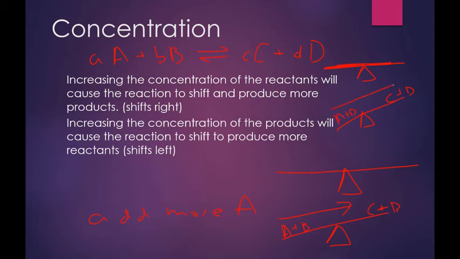I need to produce more products in order to bring it back to this equilibrium position. So if I increase on a side, I'm going to shift away from that side. If I decrease on a side, I'm going to shift towards that side. And when I say shift, that means shift right is the forward reaction, shift left is the reverse reaction.